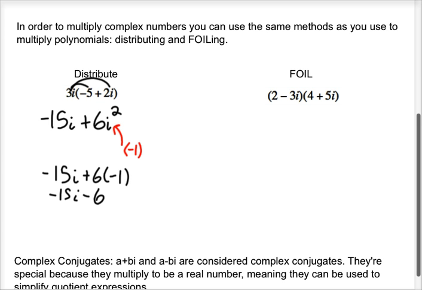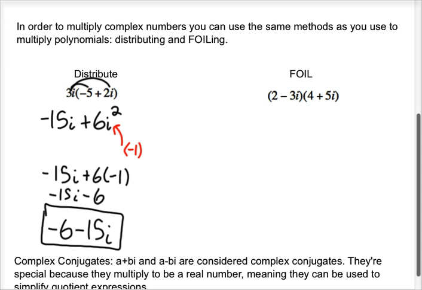Now to write this in an actual complex form, remember the -6 is written first, then the -15i. So that would be how we want it officially written. But again, the biggest key here is realizing that i squared needs to be switched with -1.